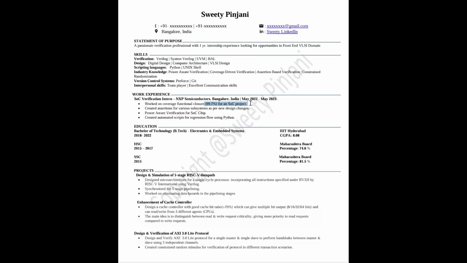Because you are not telling the name of the chip or anything, just the coverage which you have achieved. For an SOC project, SOC can be anything, any system on chip. Or say, for example, you have worked on a server SOC, so generically you can write server SOC project.